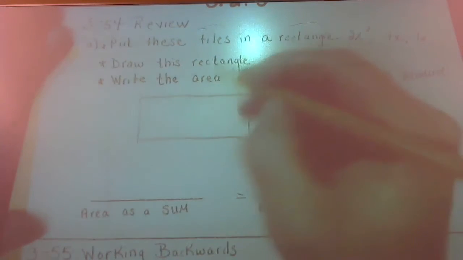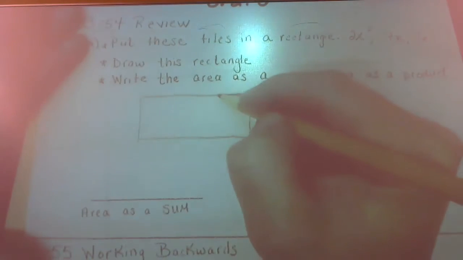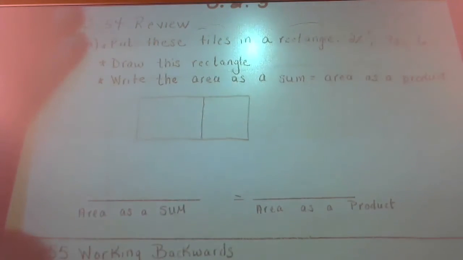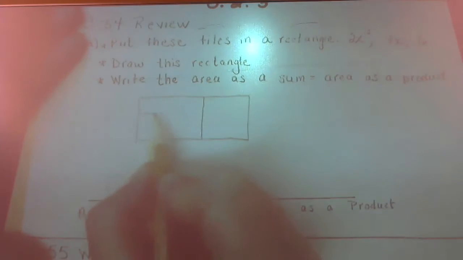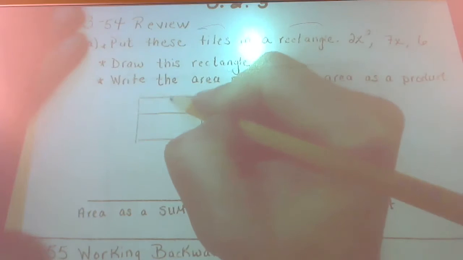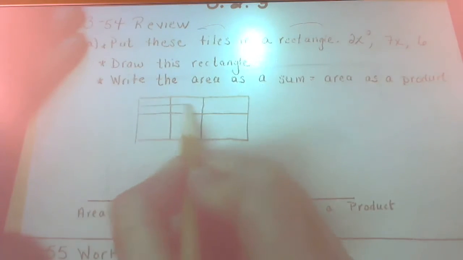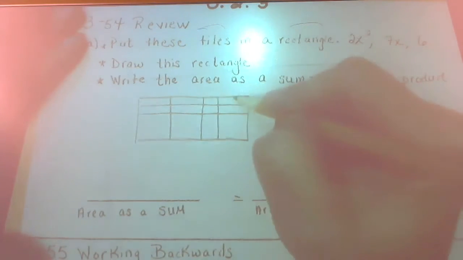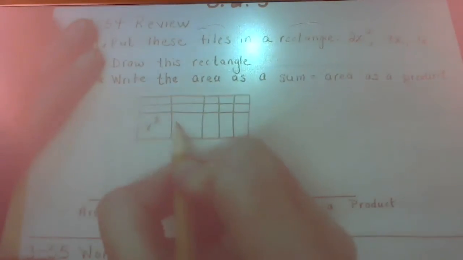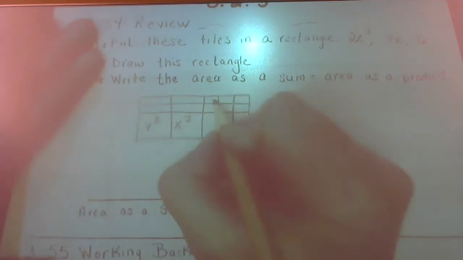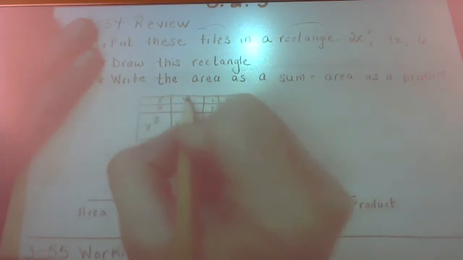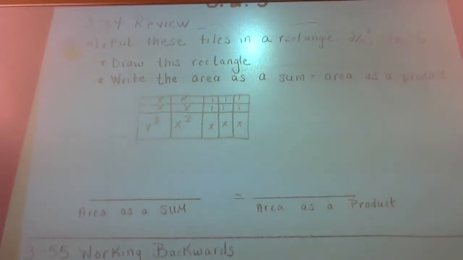So I know I'm going to have 2 large squares here. So I don't cut it exactly in half, maybe a little bit like that. Then I cut the top like this. I know I have 2 of those x squareds, so I just start by making, all I'm doing is partitioning. I know that my bottom 2 have to be the x squareds, and my top right have to be my units. I cannot draw each piece by itself.